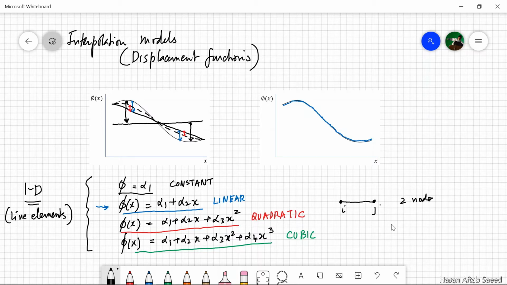Now, if we were to use quadratic function, there are three coefficients to be calculated, and that means that our element will have to take this form. We need three nodes now, i, j, and k, to be able to write three equations and therefore calculate alpha 1, alpha 2, and alpha 3. So you have three nodes.